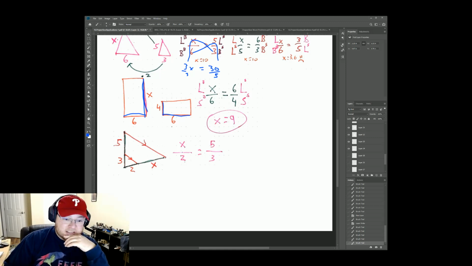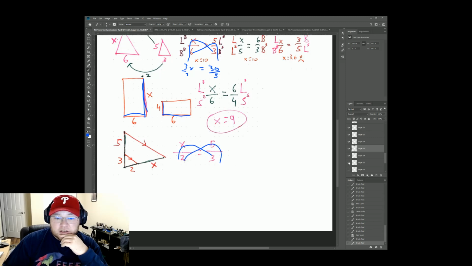So it's really just the long side over the small side equals the long side over the small side. And so then you cross multiply and you get 3x equals 10. You get x equals 3.33.